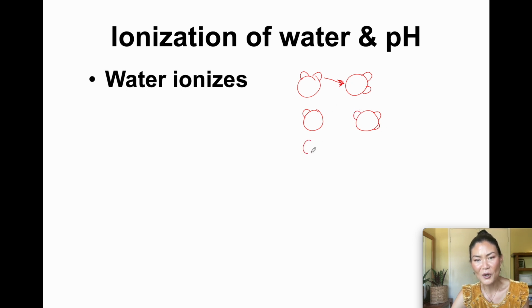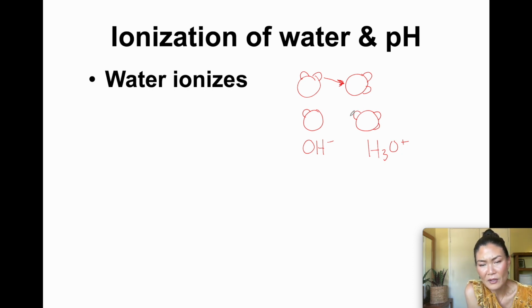So this is OH minus. It's an ion now. It went from H2O to OH minus. And then over here, you have H3O plus. It has a positive charge, okay? Because of that positive proton in the hydrogen.